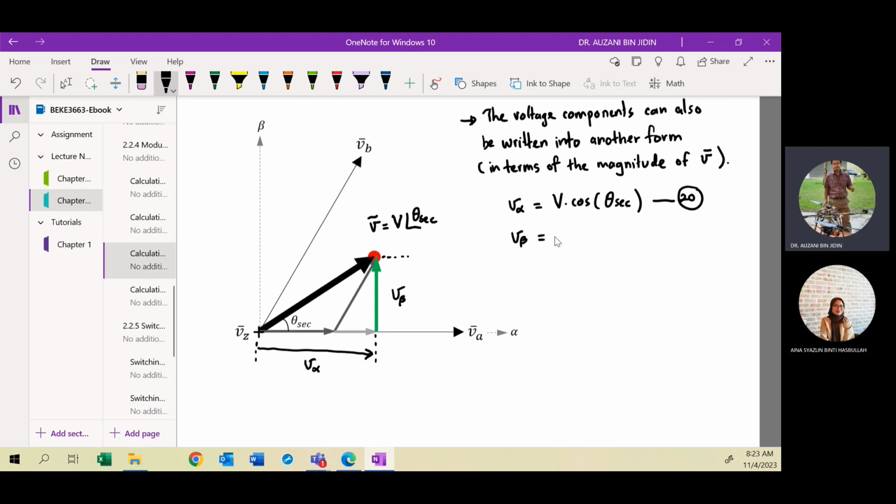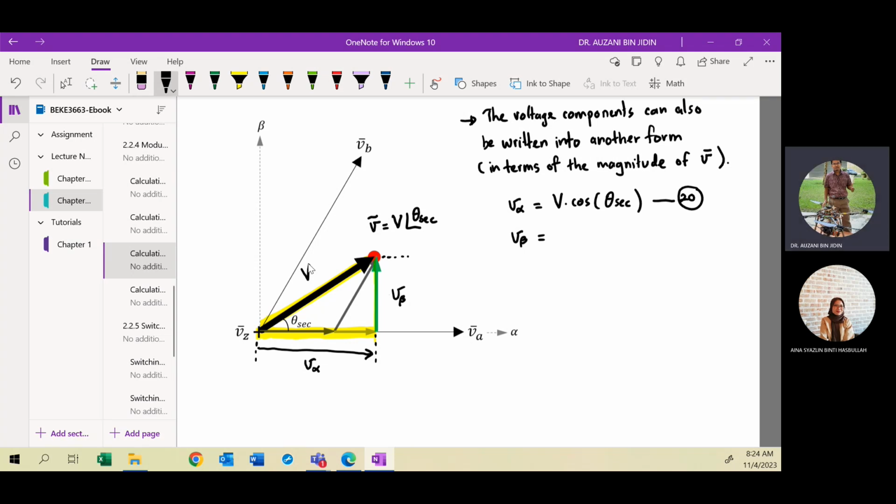So how about the V beta? Can someone give the answer? Applying the trigonometric function, your triangle should be like this. You want to calculate V beta. The hypotenuse is V, capital letter, the magnitude value of the space vector.